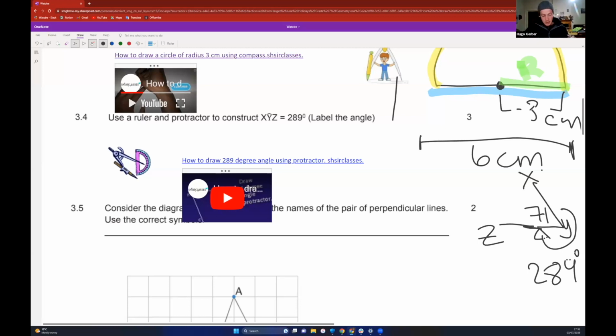And then we know that the outside of that angle is going to be the 289 that we figured out. Just excuse my screen. Okay. Please make sure you all have that drawn in.